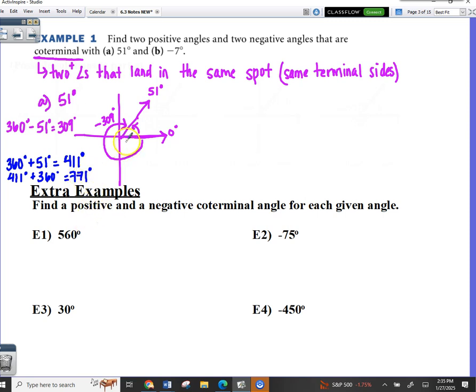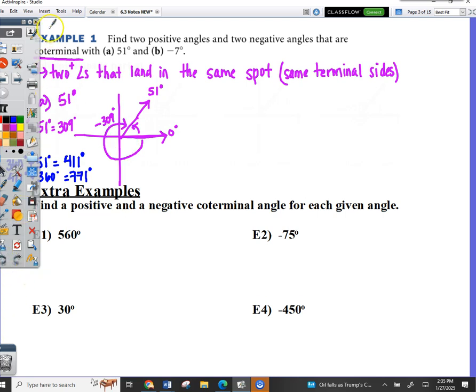So if I was to sit down and draw out 771, it's going to send me around 2 360s plus the additional 51, and it's going to land you right there. So it's going to look like this. There's 360. There's 720. There's 771. So I'm landing in the same spot.